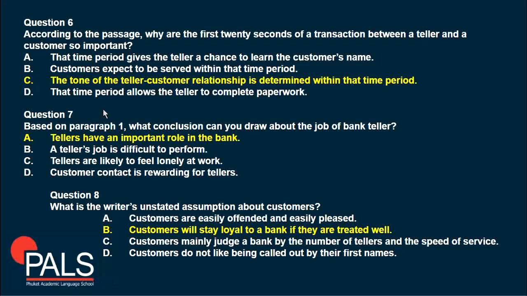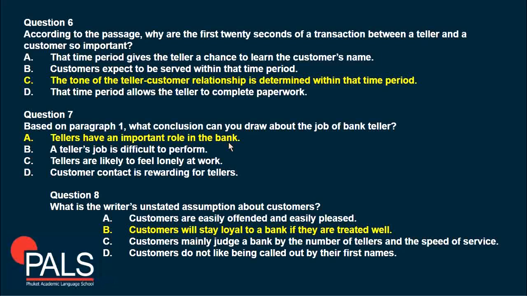The teller's job is an important role in a bank. Yes, it says there, if on most days the teller is the only bank employee, he or she has the important role of making a favorable impression. So look for keywords, look for similar words, but don't base your answer just on that. Some students will just select an option because it has similar words, but that's not the point.